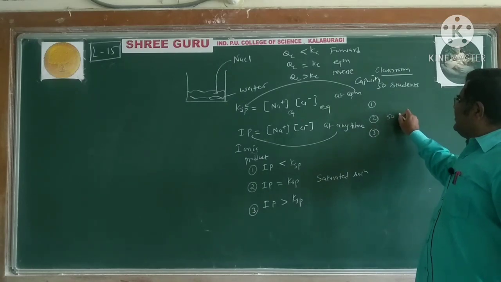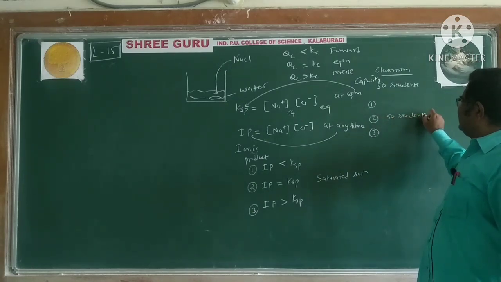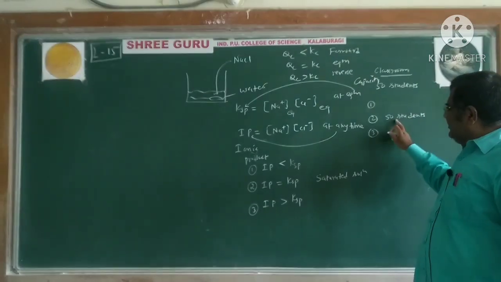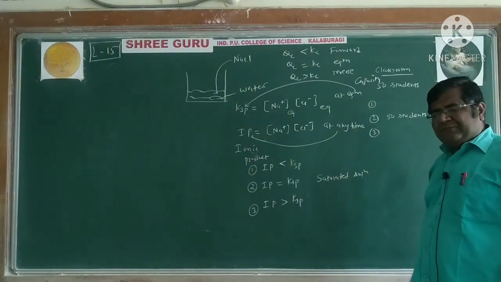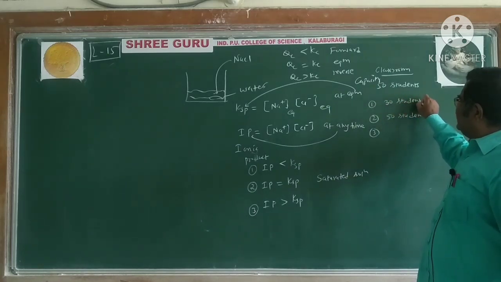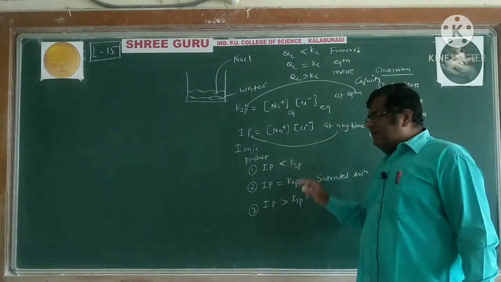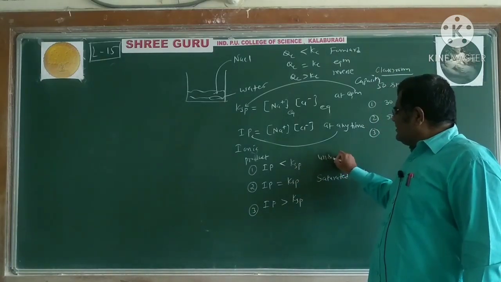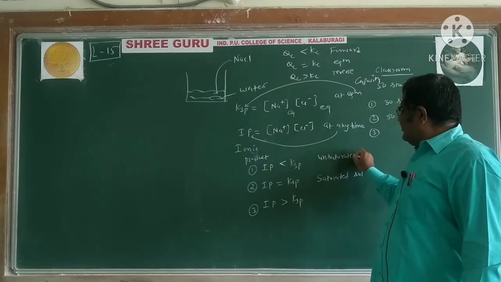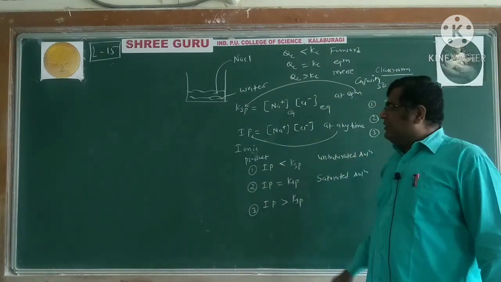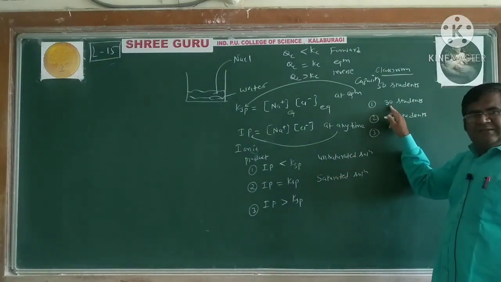In the second possibility, capacity is 50 students and we have 50 students. It means it is saturated. But if we have 30 students, it means ionic product is less than solubility product. It means it is an unsaturated solution. Still we can add salt into it, just as we can add 20 students into the classroom.